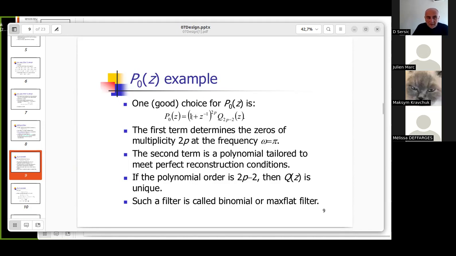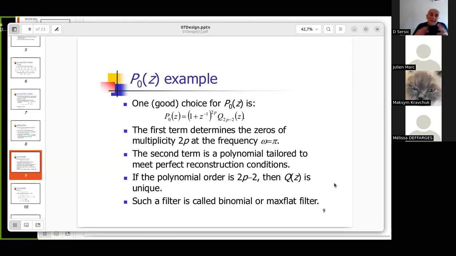Actually, the first term has roots on the frequency pi, or maybe we can say the roots are -1. -1 is actually e to the j pi, so it's the same thing. And they are of some even multiplicity.